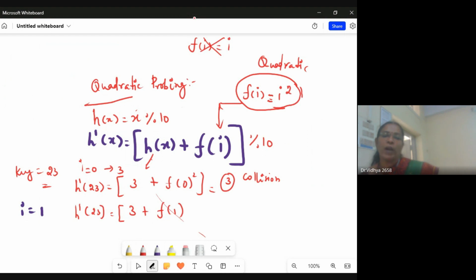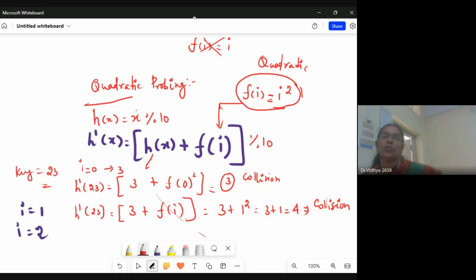So with 1 square, h dash of 23 equal to 3 plus 1 square, which is 3 plus 1 equal to 4. Again we are facing the problem of collision. So once again moving to the next iteration, i becomes 2.